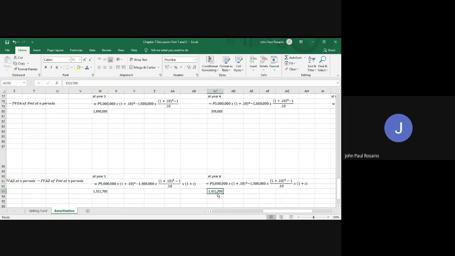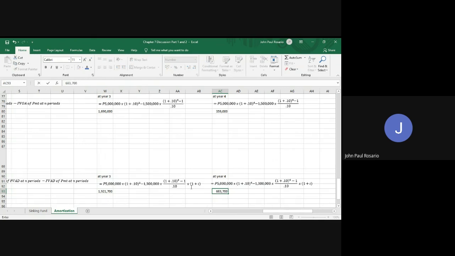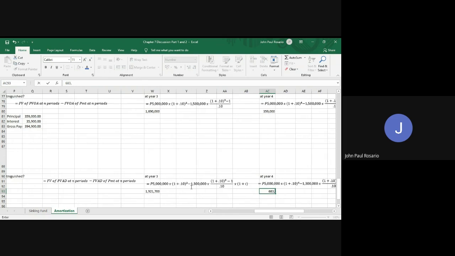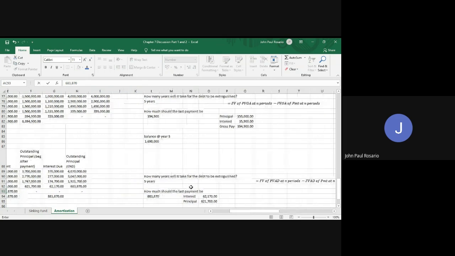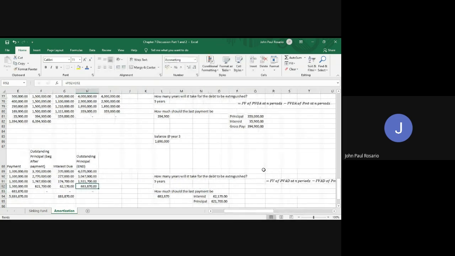You just have to change those exponents from 3 to 4. Okay, let's see here. The answer here is 683,700. Actually, it's 870. 683,870. Okay, that's the one for year 4.